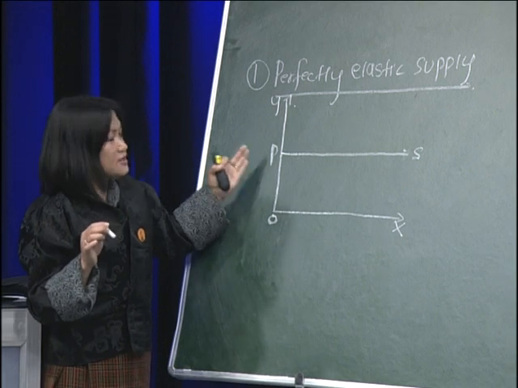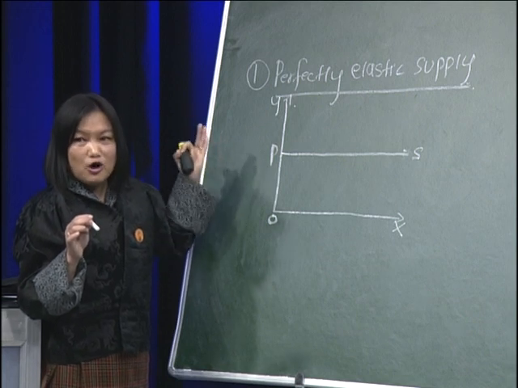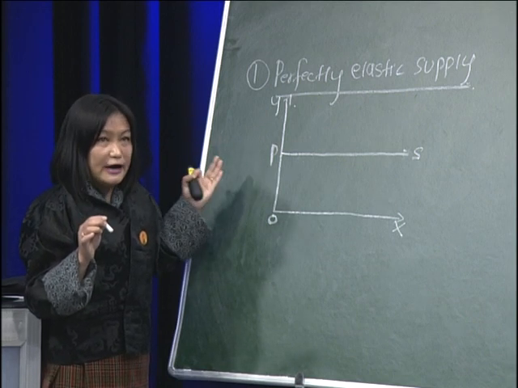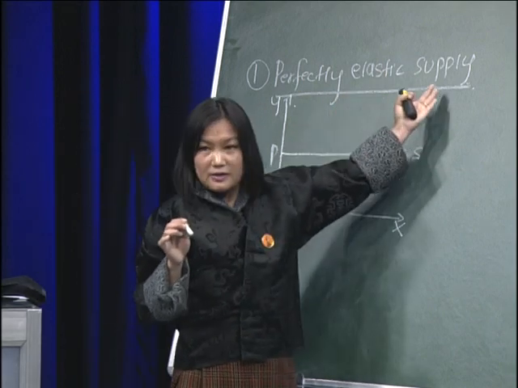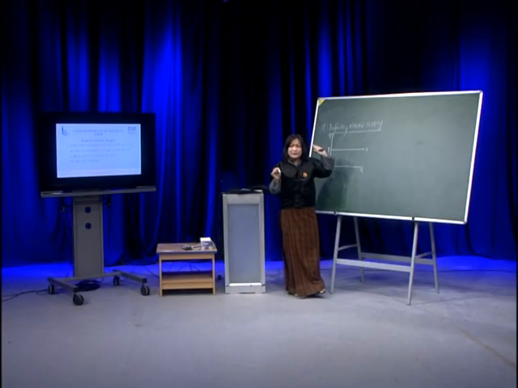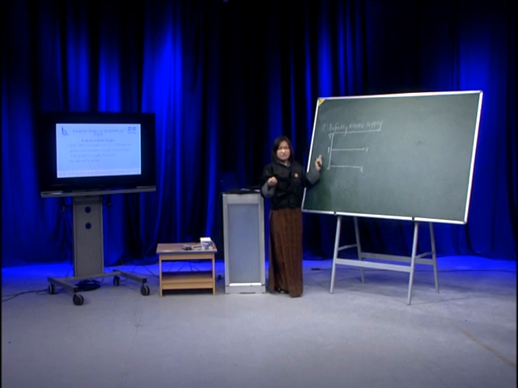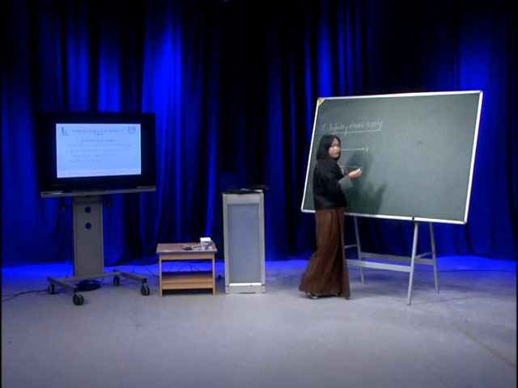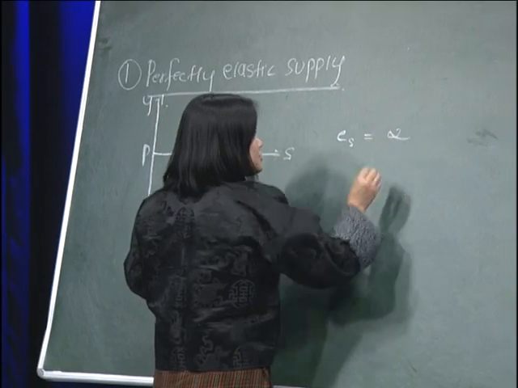At this OP, the supplier will be willing to supply a larger quantity of commodity in the market. So therefore, this supply is called perfectly elastic supply. The value for perfectly elastic supply is infinity, meaning that at this given price, the suppliers are willing to supply infinity of commodities in the market. So therefore, we have elasticity of supply equal to infinity.